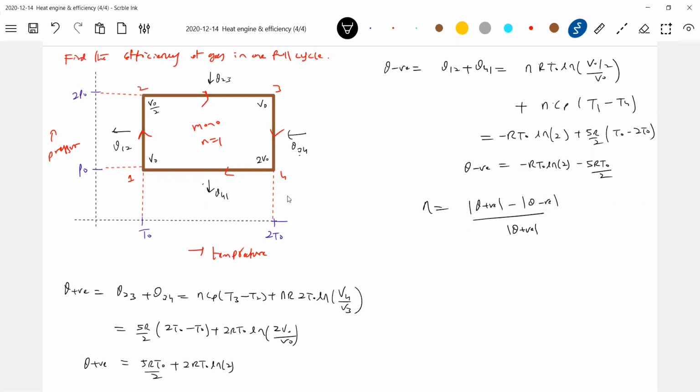Okay, now only mathematics. So this will be pi R T naught, 2R T naught log 2.